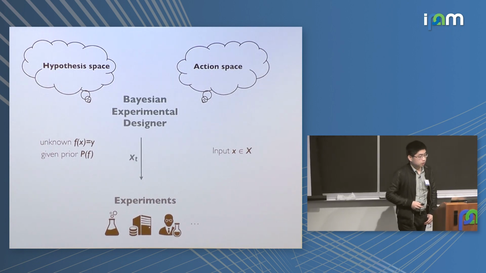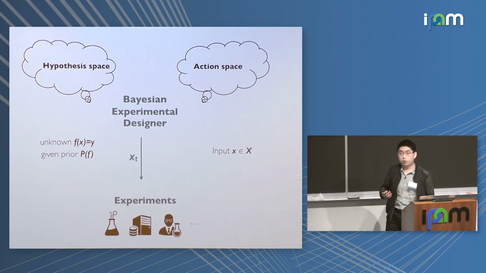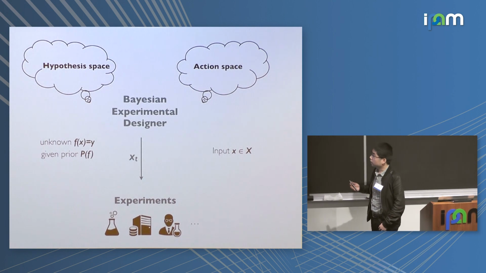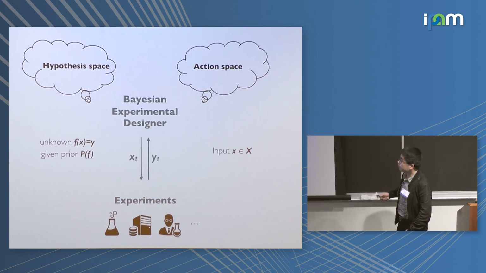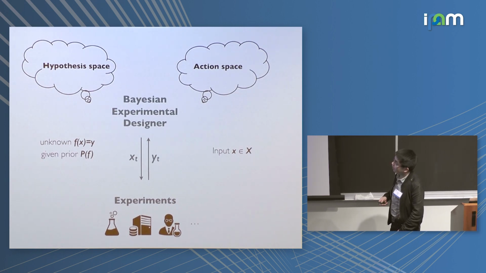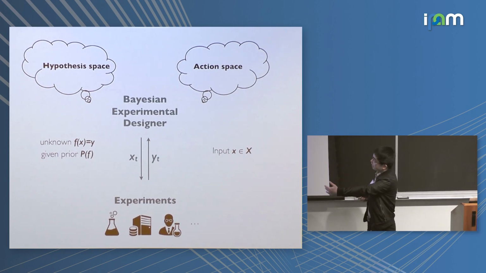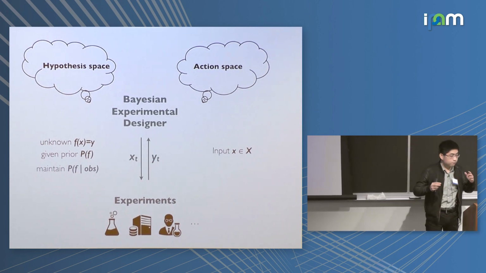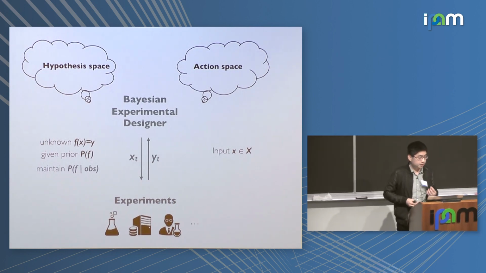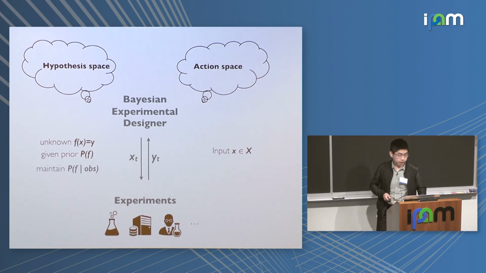At every iteration, the Bayesian experimental designer asks for a label for a particular data point, which is one action. The environment returns the label, and it does this interactively. And on the model side, we maintain a posterior distribution over the hypothesis, and we're seeking the most efficient data point to maximize the information regarding the posterior.